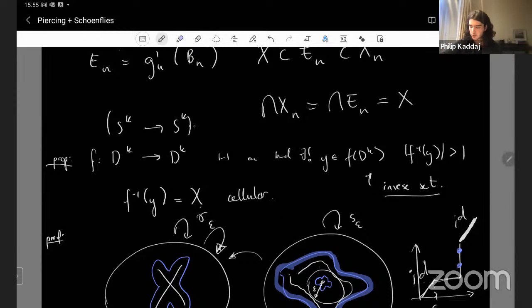There's a slight modification because obviously it's different for S^k. And a cellular subset of S^n is characterized by the fact that its complement is homeomorphic to R^n.